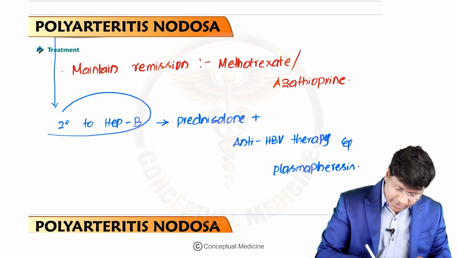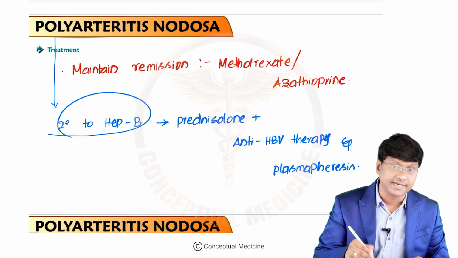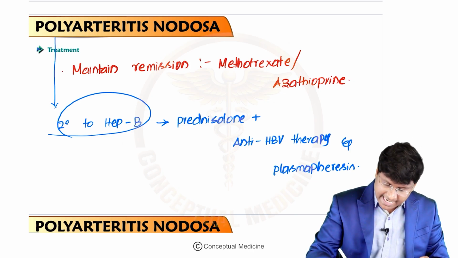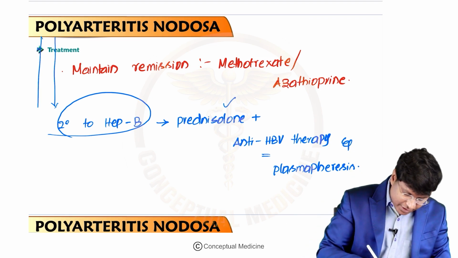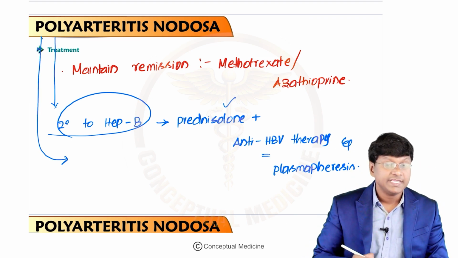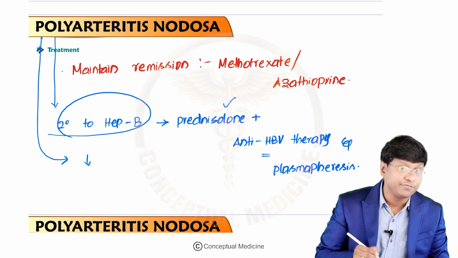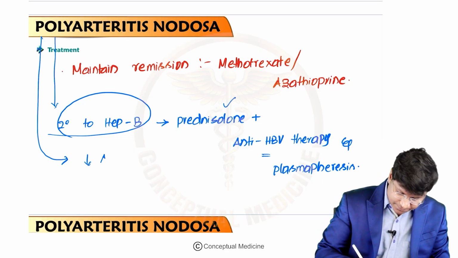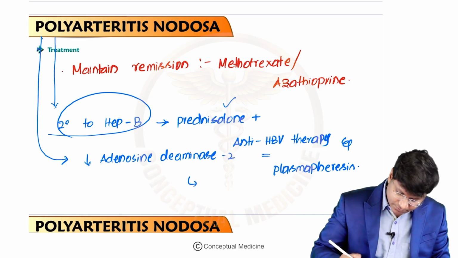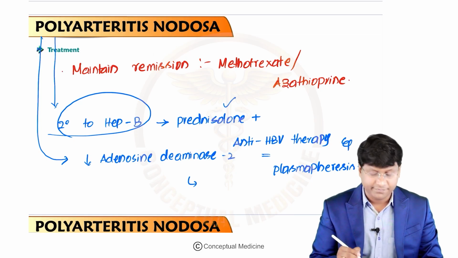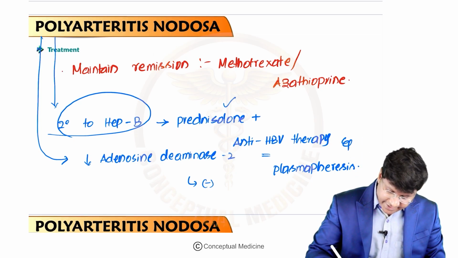So if it is secondary to hepatitis B virus, along with prednisolone you need to give anti-HBV therapy. But if this polyarteritis nodosa is due to deficiency of adenosine deaminase 2, in this case you need to give inhibitors of the TNF.